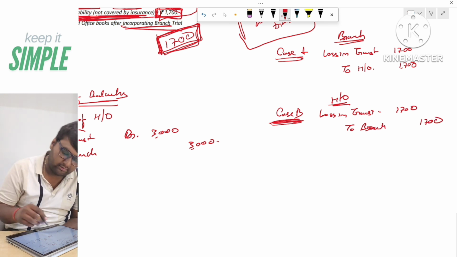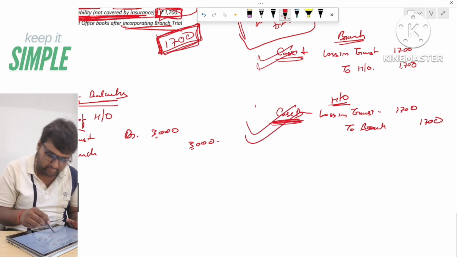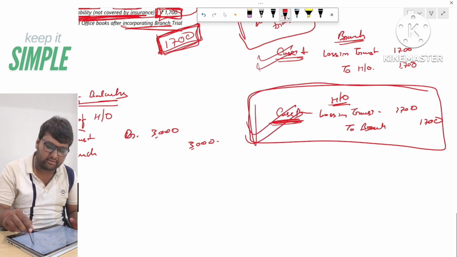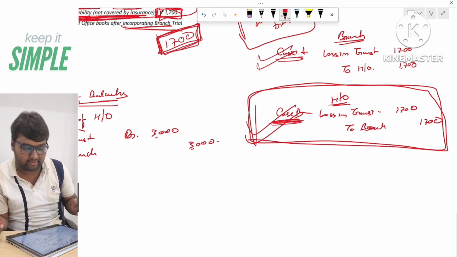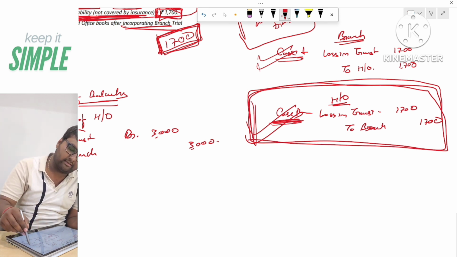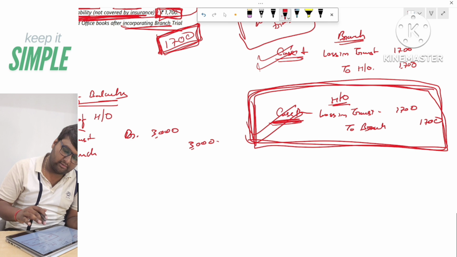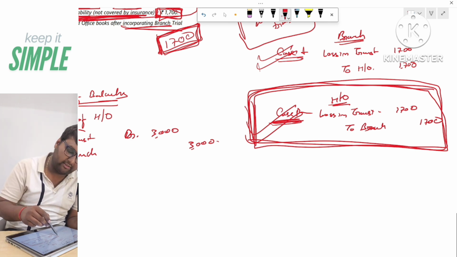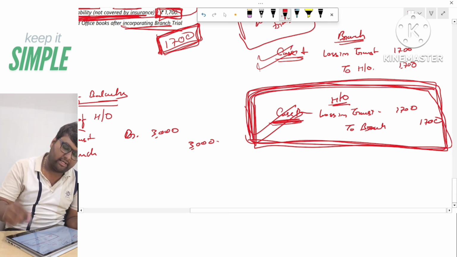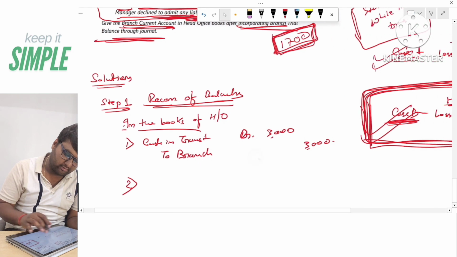Case A and case B are both acceptable. We'll go with case B, because the branch is not accepting that it's their loss, so we'll assume that head office has accepted its loss.